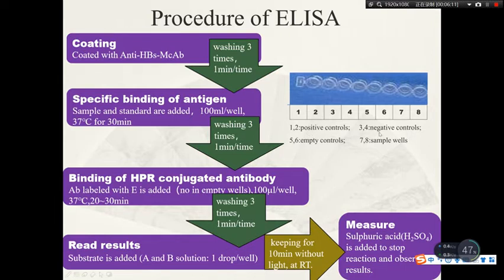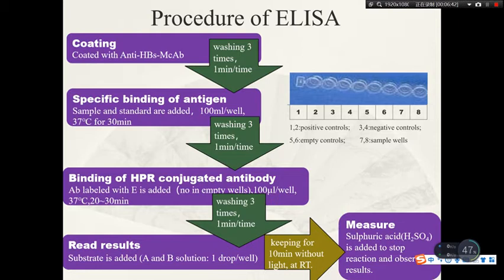Positive control, negative control, wash buffer and sample are added to the wells of the plate from left to right in sequence. Each specimen is tested in duplicate, and the plate is incubated at 37 degrees Celsius for 30 minutes.